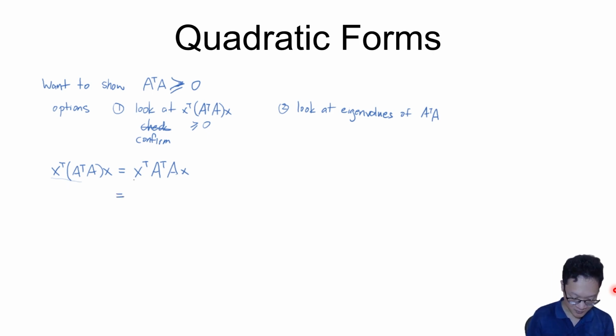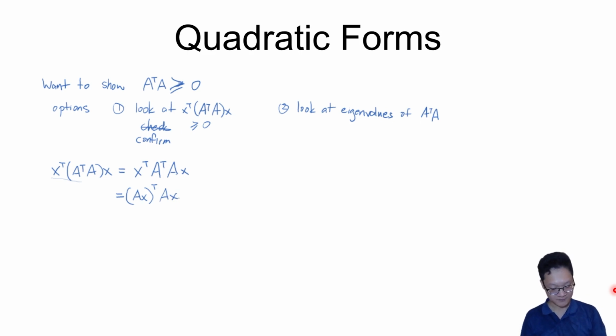Next we notice the symmetry here. We have AX on the right, and then we have X transpose A transpose. So we're going to combine the two transposes into a single transpose, (AX) transpose. Then we can see that we have (AX) transpose times AX.